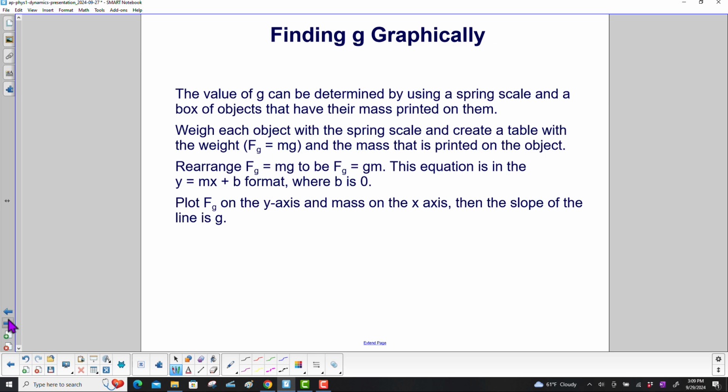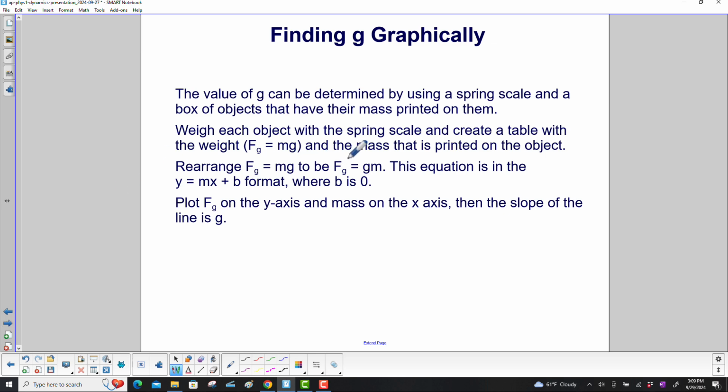Finding g graphically. The value of g can be determined by using a spring scale and a box of objects that have their mass printed on them. Weigh each object with the spring scale and create a table with the weight, F sub g equals mg, and the mass that is printed on the object. Rearrange F sub g equals mg to be F sub g equals gm.